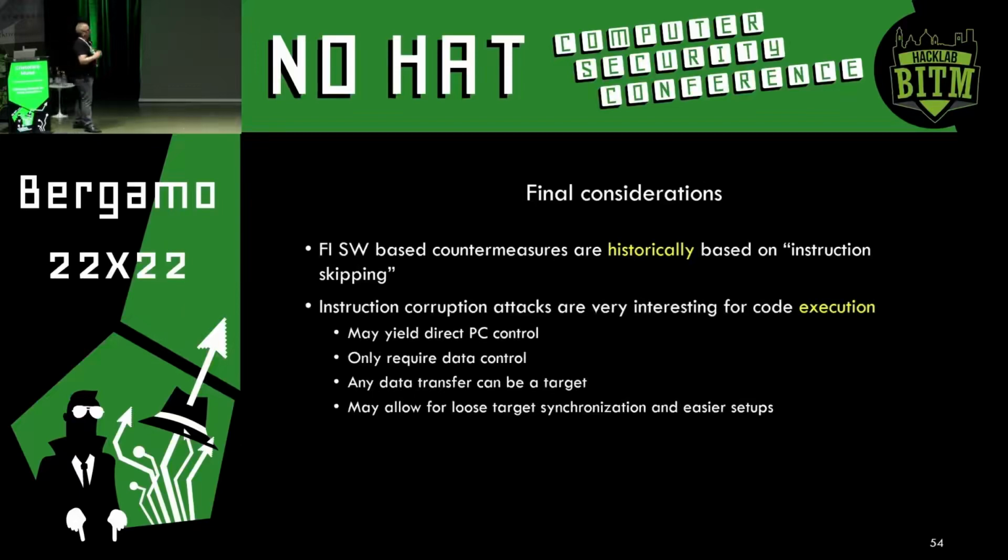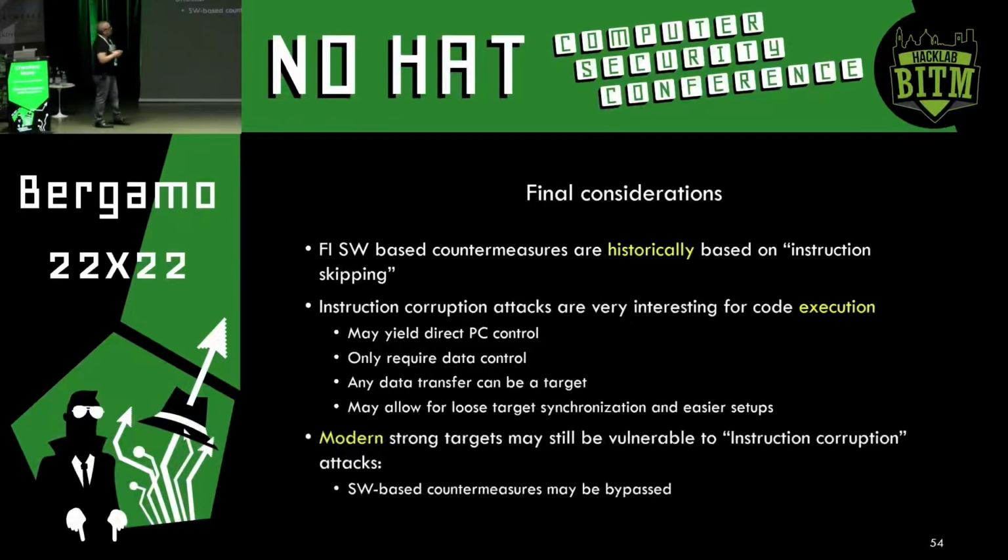Instruction corruption actually gives you code execution. It's very natural because you get PC control with those kinds of attacks. What you only require is control of the data being transferred. Any data transfer can be a target, and your setup may become much easier in terms of synchronization. You don't need very precise microsecond or nanosecond timing.